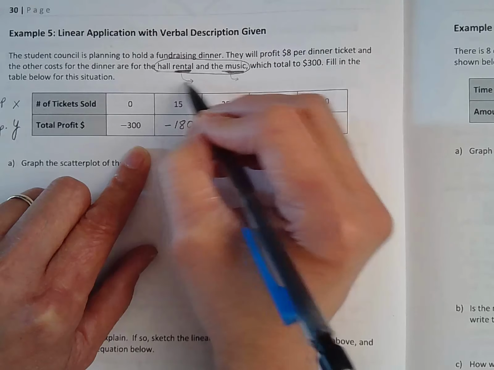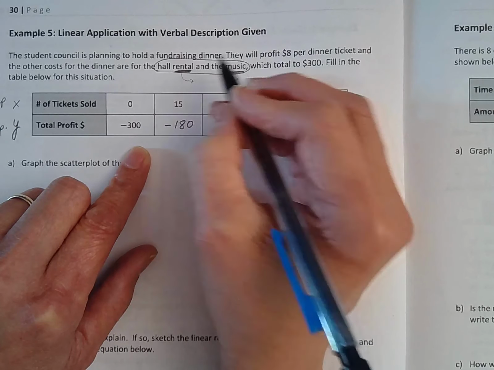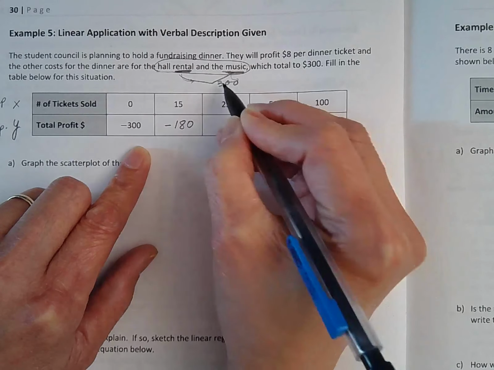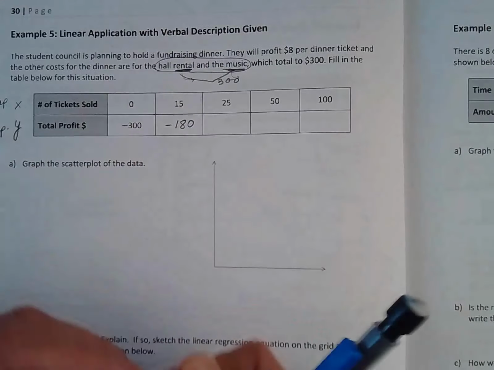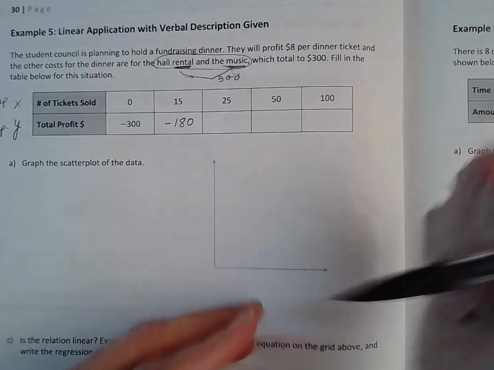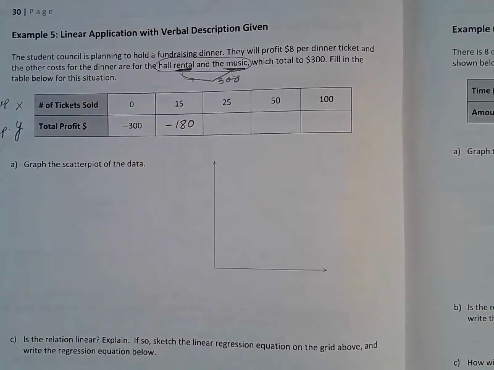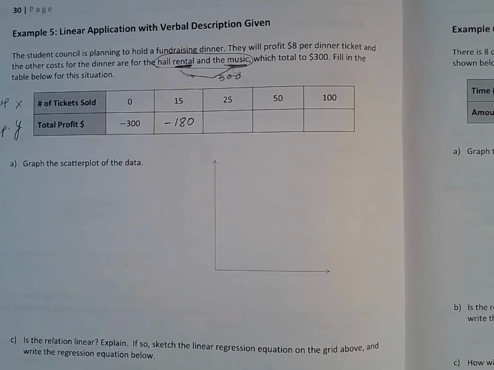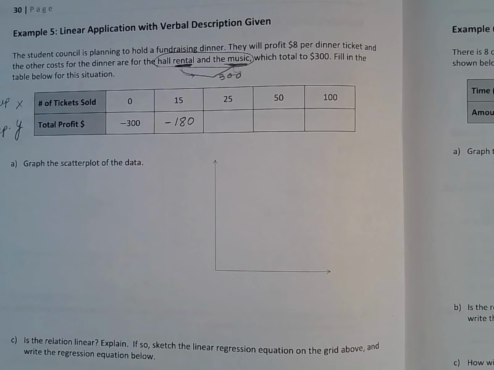They're paying that amount. So these two together is $300. Because when we paid them, the rental and the music, that's minus 300. You're taking that away from your profit, how much money they made.